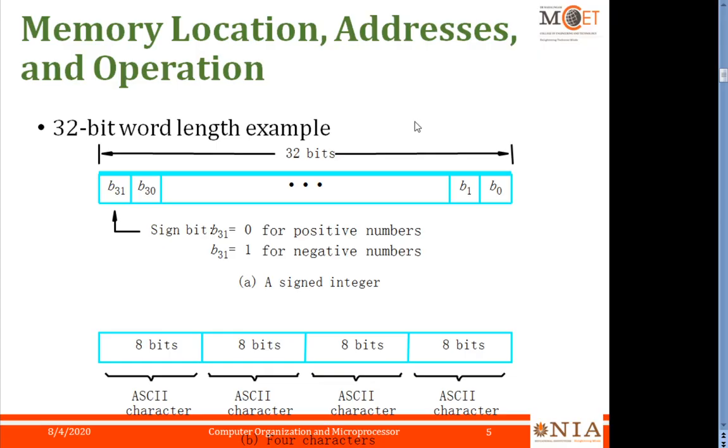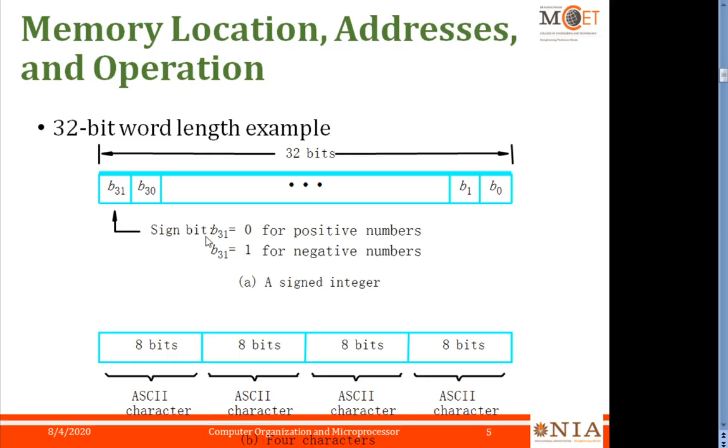Here, in this case, I have taken a 32-bit word length as an example. I am going to store a signed integer in my memory. My memory size is 32 bits, so each location will store 32 bits of binary data. For representing a signed integer in memory, I must allocate a bit for representing the sign of the integer.